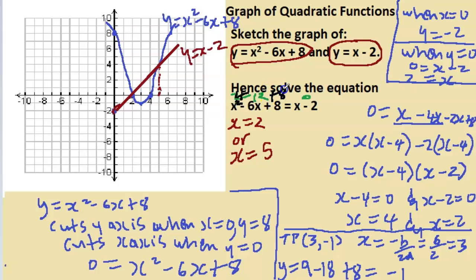And if you plug 5, the left hand side would be 3, and the right hand side would also be 3.